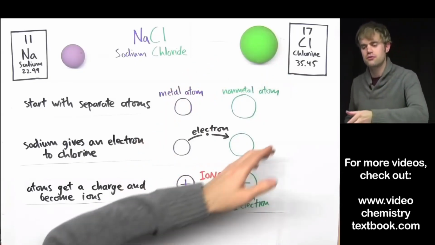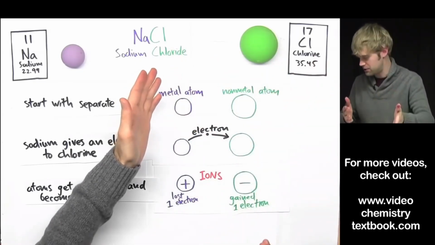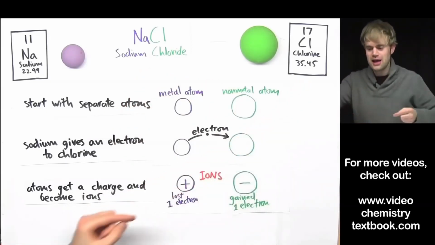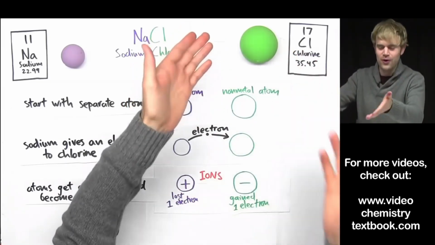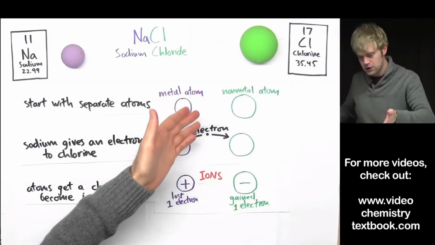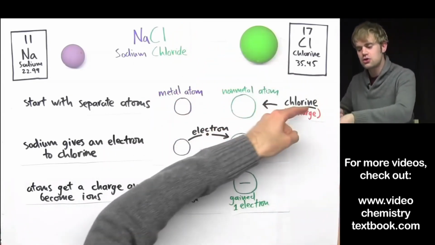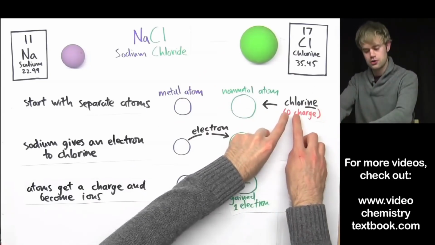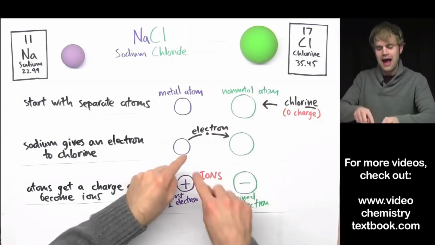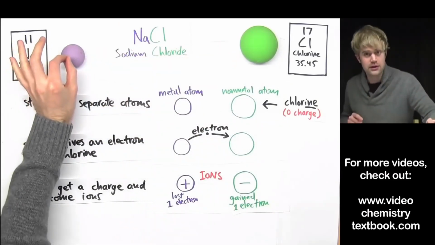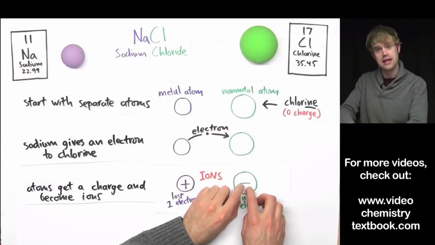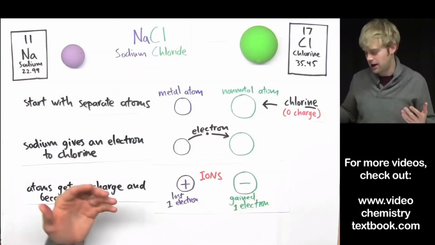Now here's where the difference between chlorine and chloride comes. Chlorine is what we call the chlorine atom when it's neutral. So up here, this non-metal atom chlorine just hanging out here is chlorine, zero charge. But down here, after it's received one of the electrons from sodium, it gets a negative charge. It becomes a negative ion.